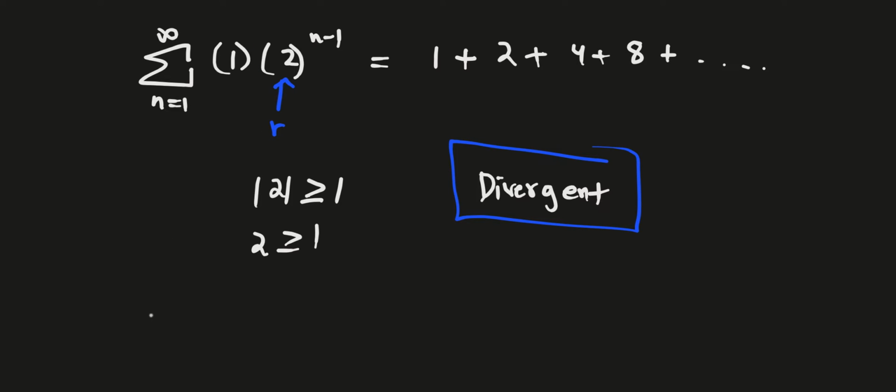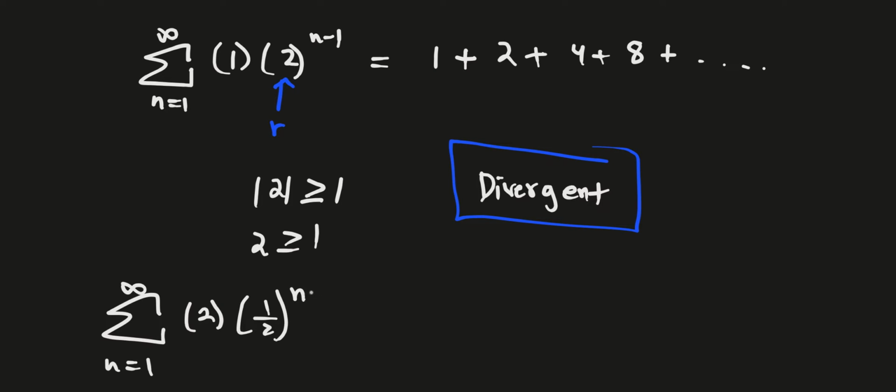But if we were to say, for example, our series going from n equals 1 to infinity of 2 times 1/2 raised to the n minus 1 power, what would this be? Well, let's try to just expand it a little bit. When n equals 1, we have 2.